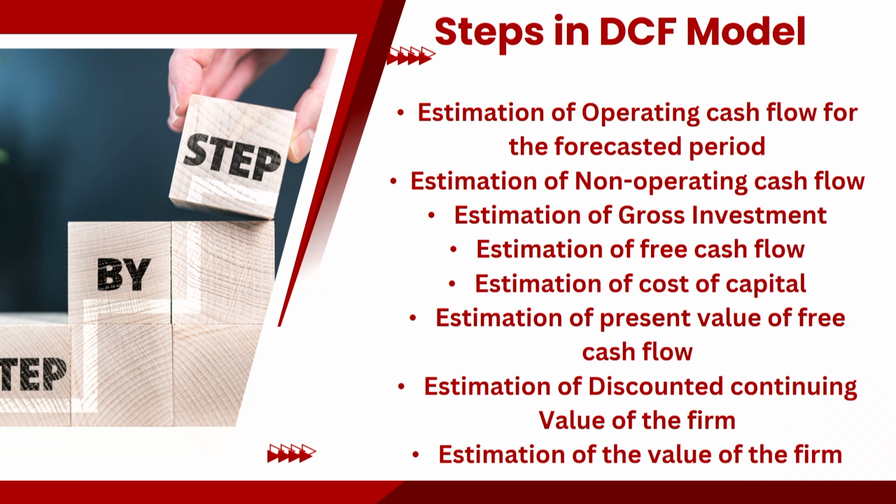Now, for calculating the free cash flow, we offset the capital expenditure in the form of gross investment against the operating cash flow or against the total cash flow, and we calculate the free cash flow at the disposal of the company.